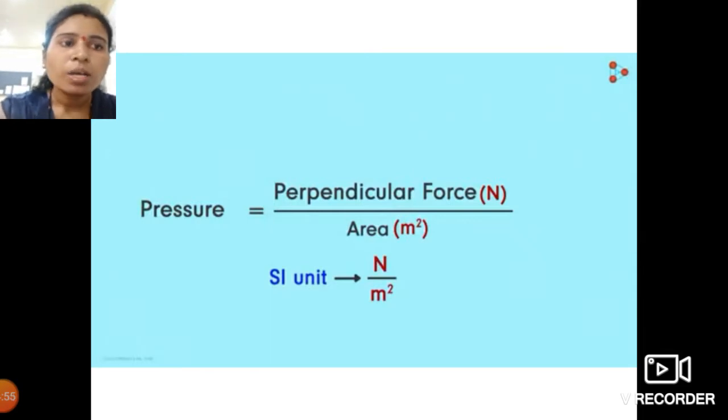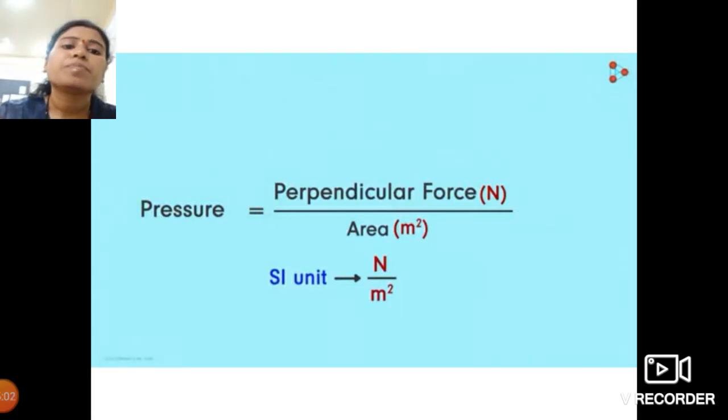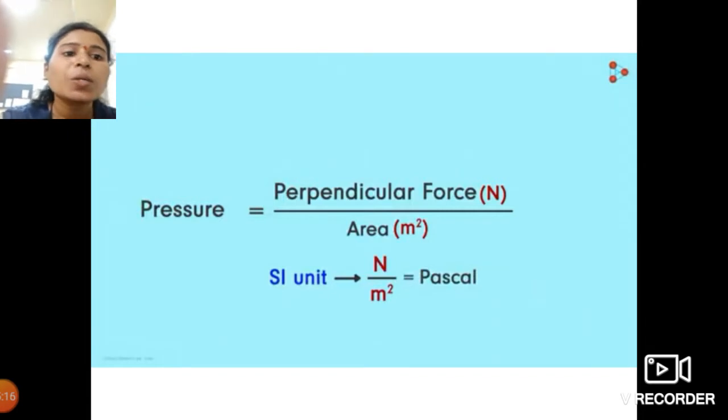So the SI unit of pressure is Newton per meter square. It is also called Pascal, which is denoted by Pa, capital P, small a. In this fashion it is denoted.